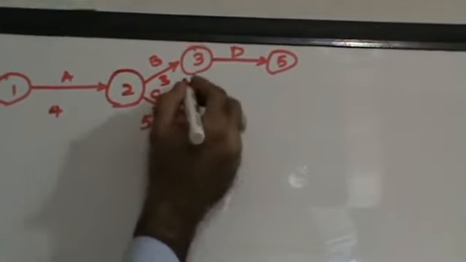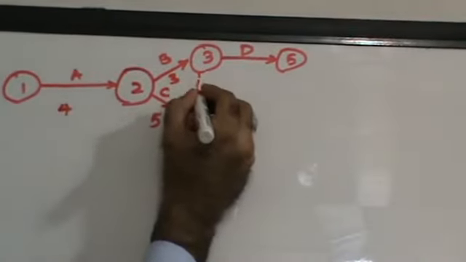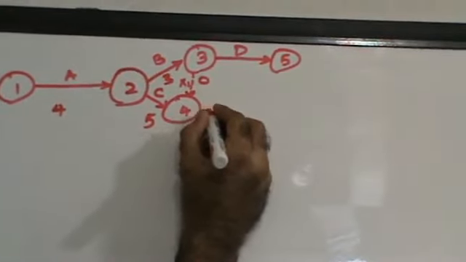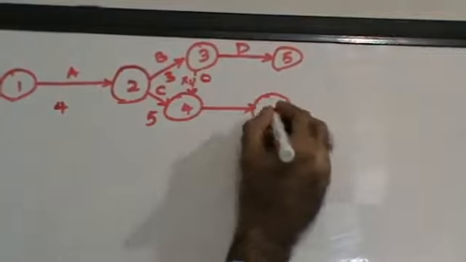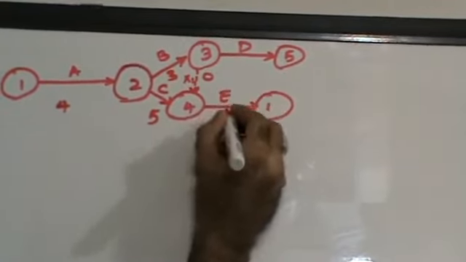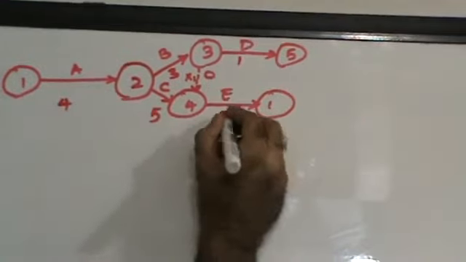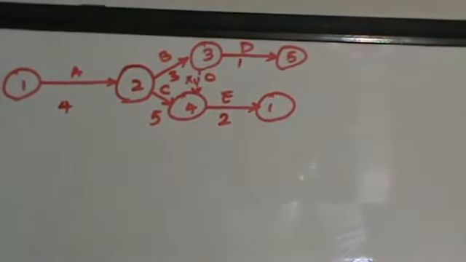Then you have B and C combined to give you E. So I need to put a dummy here, X1, which is 0, which will give rise to E. Now D was of 1 day and E is of 2 days, right?